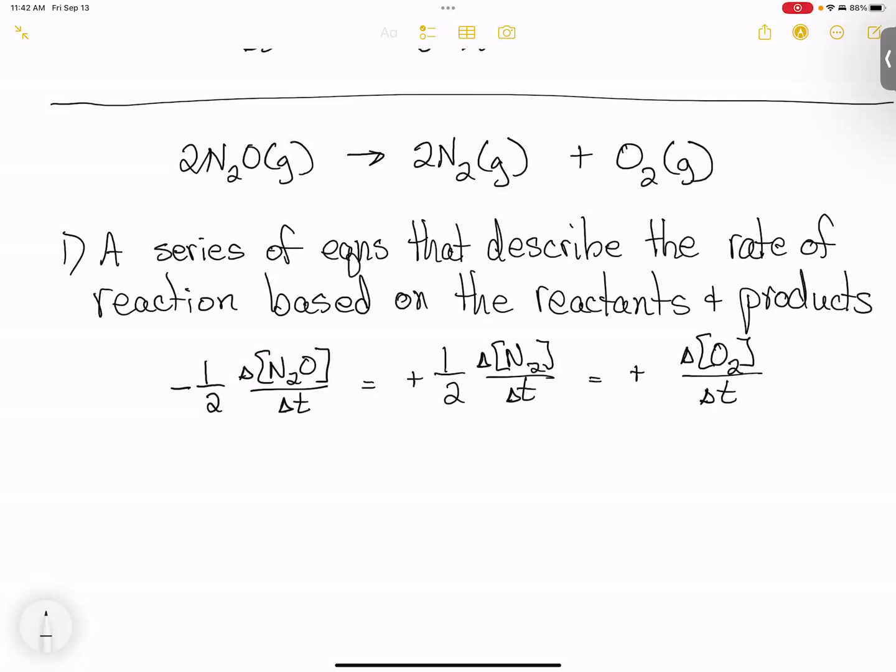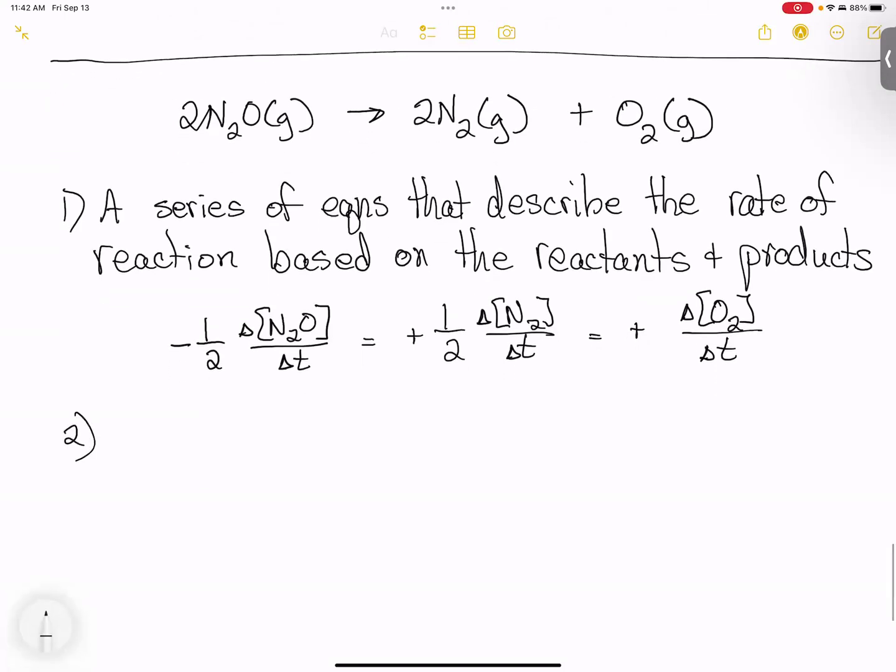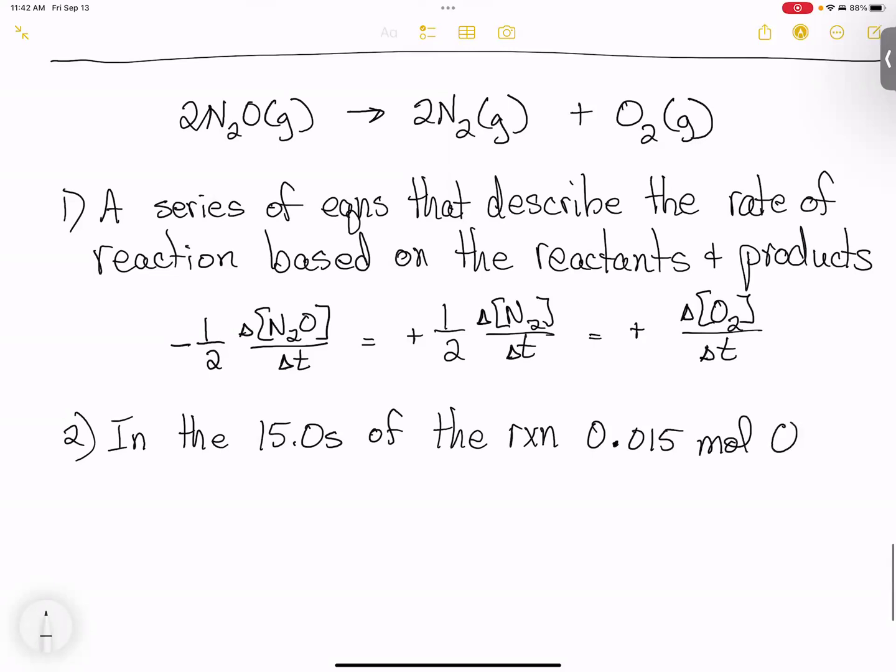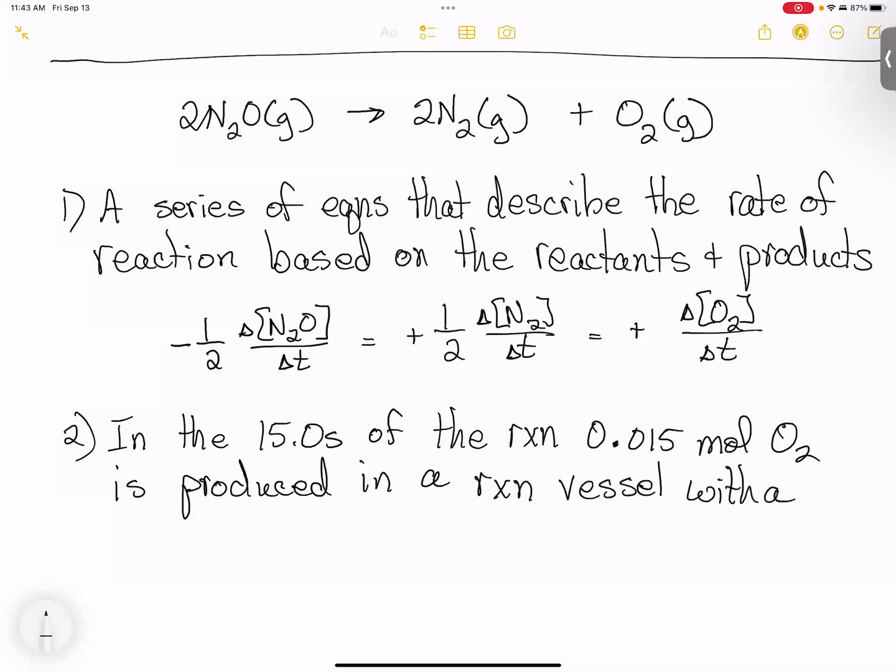Okay, 2. In the first 15 seconds of the reaction, 0.015 moles of oxygen is produced in a reaction vessel with a volume of 0.250 liters.